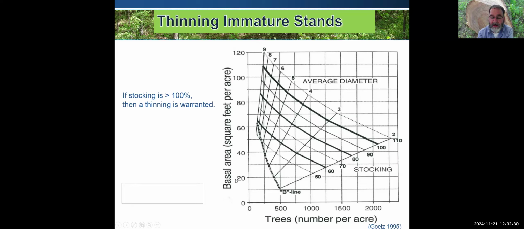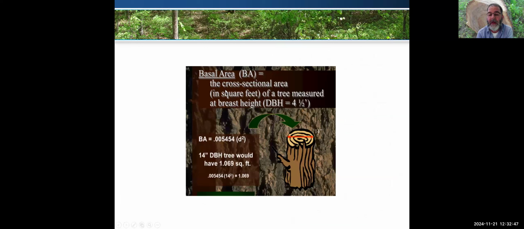Now on the y-axis, this is basal area. Now, let me briefly explain for the benefit of the non-professionals here what basal area is. So bear with me. Basal area is a metric that we use that tells us a lot about the stocking level of forest. So basal area is the cross-sectional area in square feet of a tree that's measured at diameter at breast height, which is 4.5 feet above the ground.